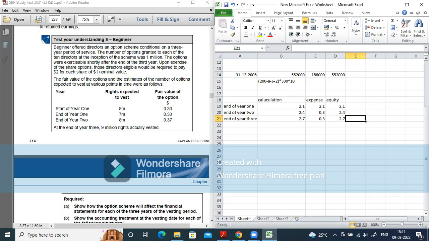You can see this option with A and let me know if you have any question. Clear? Yeah. So let's move to part B.